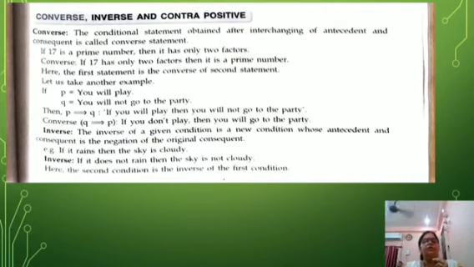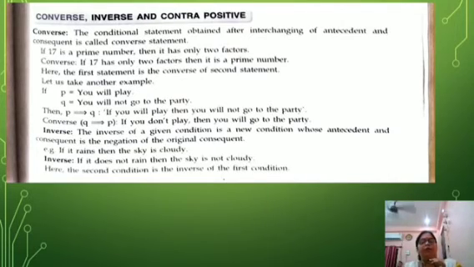Here the first statement is the converse of the second statement. When we interchange the antecedent and consequent, P becomes Q and Q becomes P, then it is the converse. See, this is the sign of converse for implication.